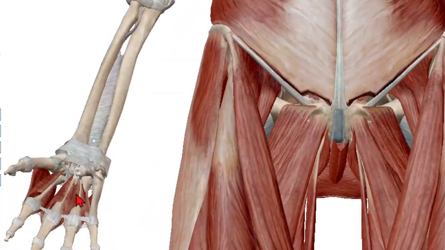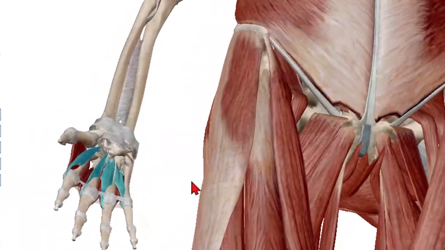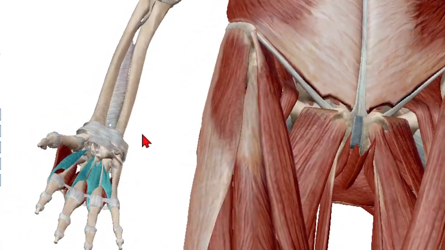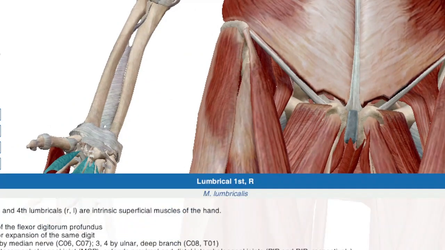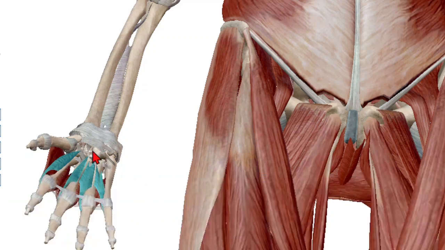Now again come here and see all the muscles. This is the fourth lumbrical. This is the third lumbrical. This is the second lumbrical. This is the first lumbrical. So you have to know about the lumbricals. The lumbricals arise from the tendon of the flexor digitorum profundus. There is the tendon, and from this tendon the lumbricals are arranged.